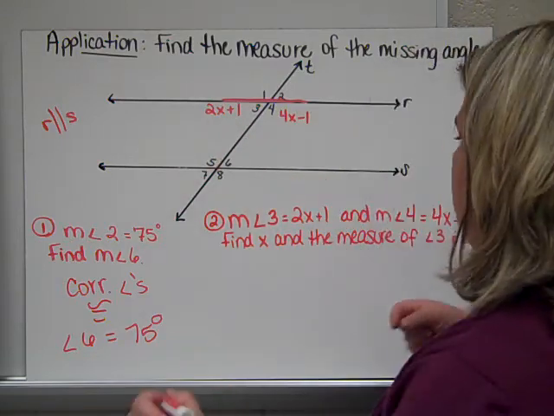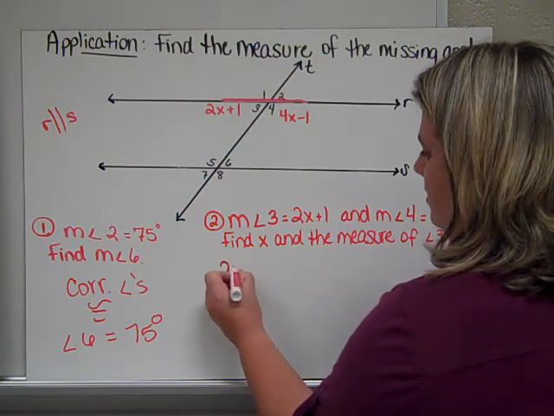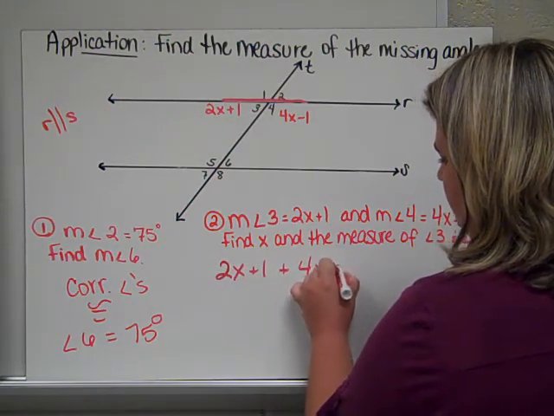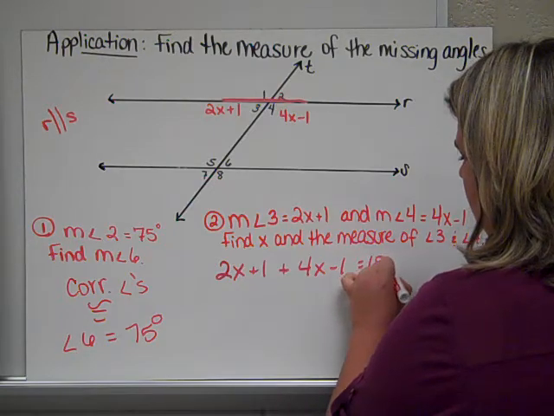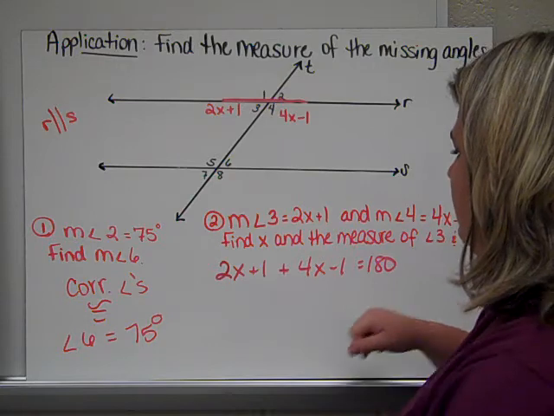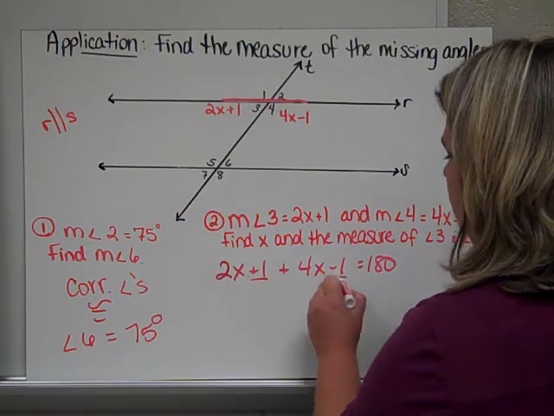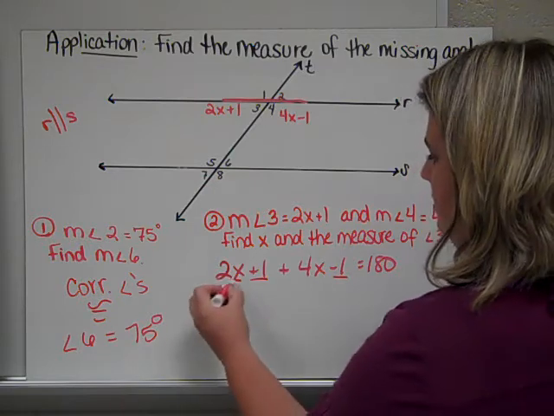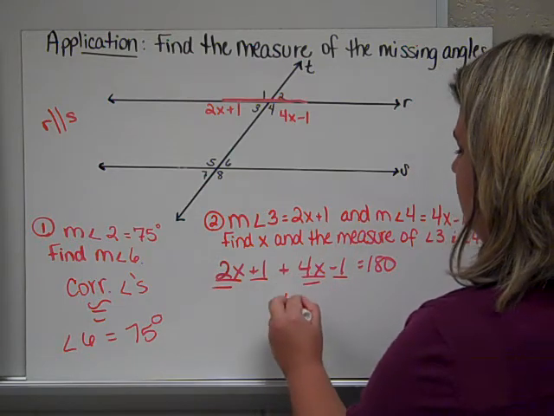So what do I know about them? Well, first off, I know that they both add up to 180 degrees because they are linear. So let's go ahead and start combining like terms. I know that positive 1 and negative 1, they add up to 0. So let's get 2x and 4x.